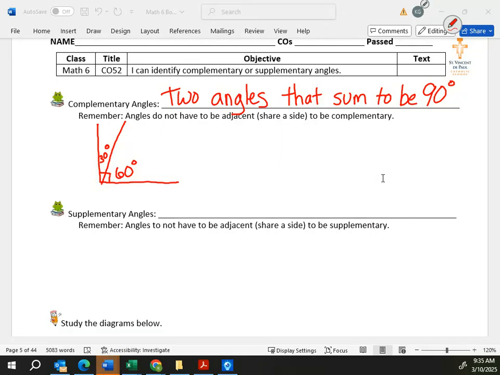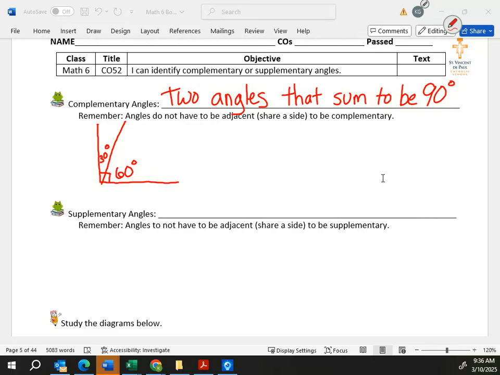So that 90 degrees is split into two angles that equal 90 degrees. Doesn't matter what size measurements you put, as long as they equal 90. So it could be 38 and 52 degrees, all right? As long as when we add them together, they equal 90.